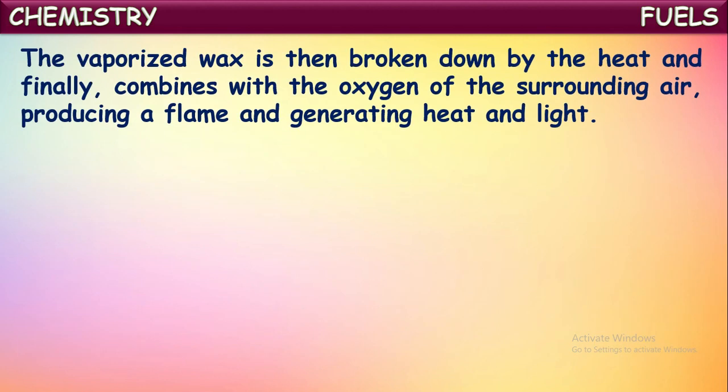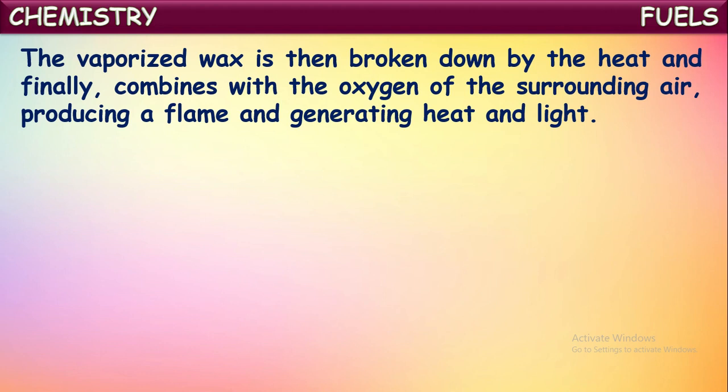These vapors of wax are then broken down by the heat and finally combine with the oxygen of the surrounding air, producing a flame and generating heat and light. So this is happening before the flaming of the candle. What happens when you bring a lighted matchstick near the wick of the candle?